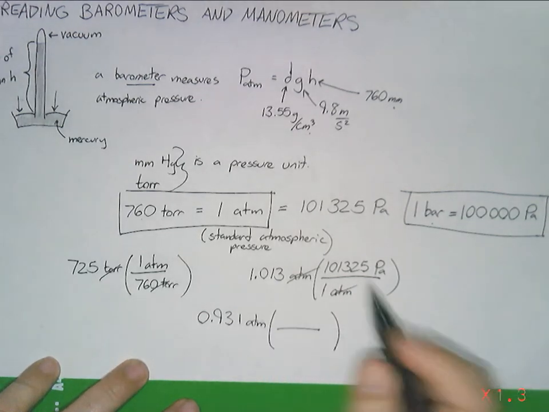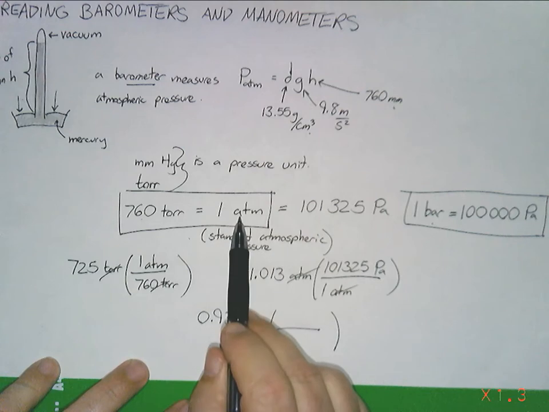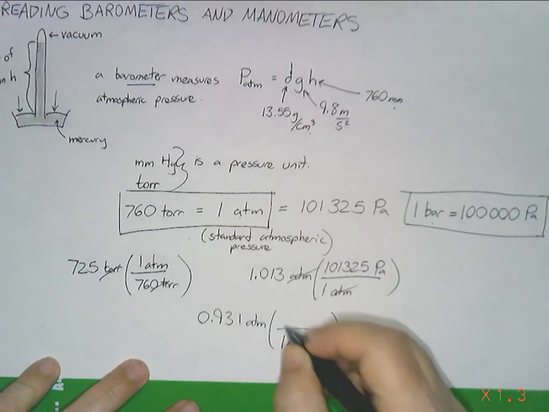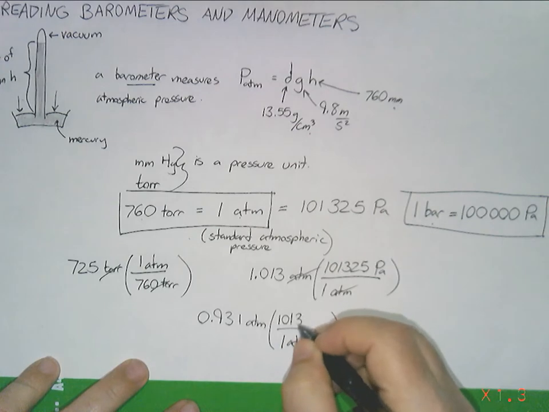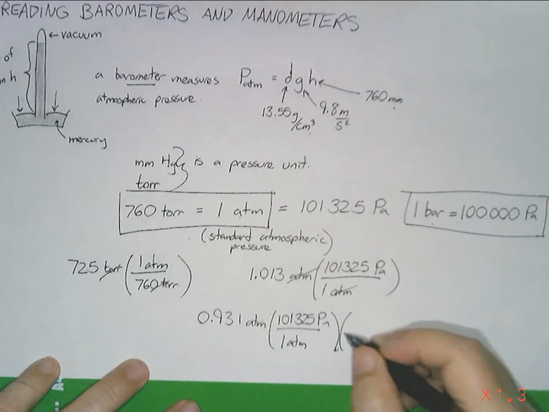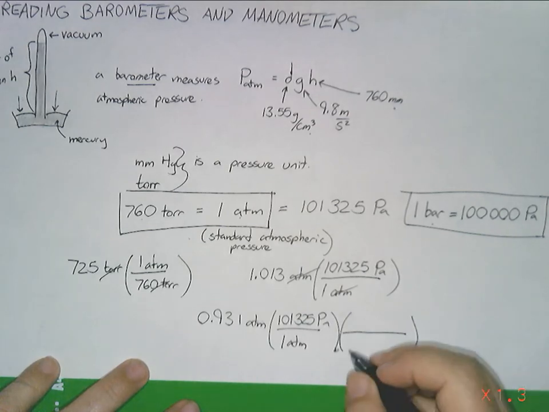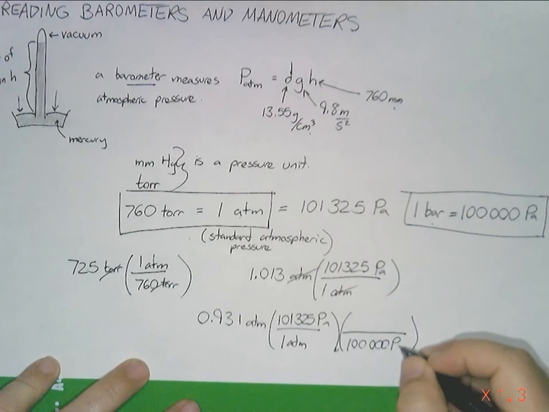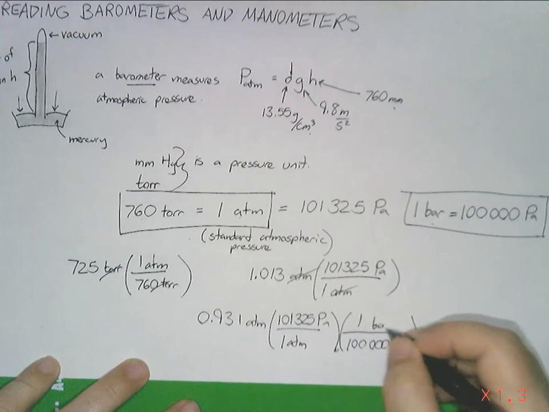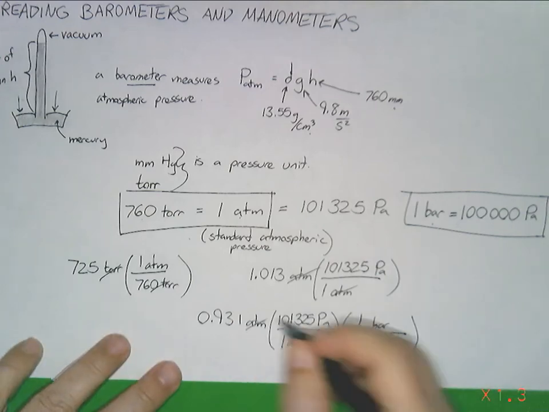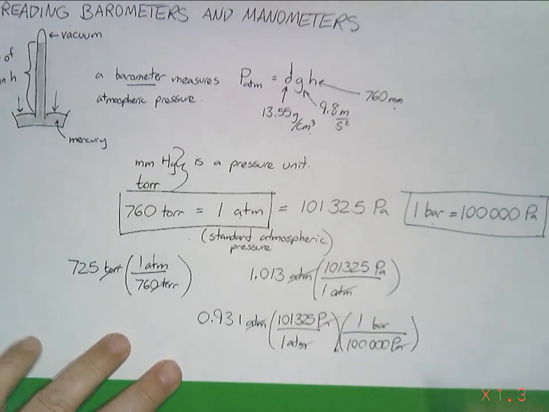Well, I could convert atmospheres into pascals. 1 atmosphere is 101,325 pascals, and then I can convert pascals into bar. 100,000 pascals is 1 bar. So that would give it to me. Atmospheres cancel, pascals cancel, and that gives me bar.